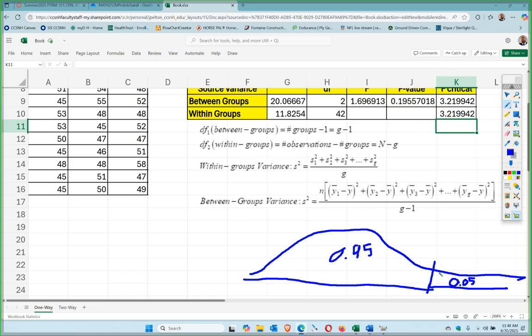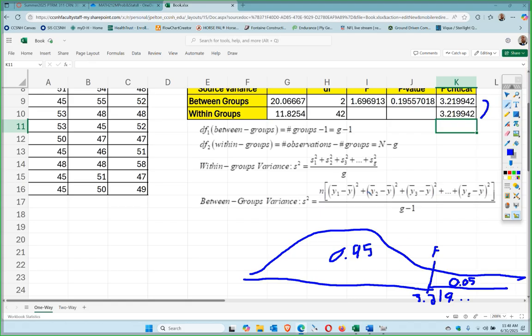If I did the right tail version using 0.05, it's going to give me this. If I just do the regular left tail and put in 0.95, that's why I got the same answer twice. So this is my F critical right here, which is 3.219..., the same thing either way.